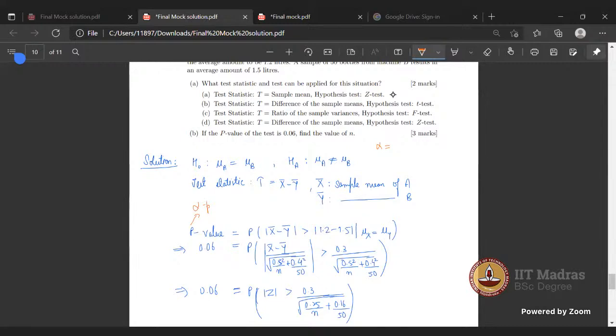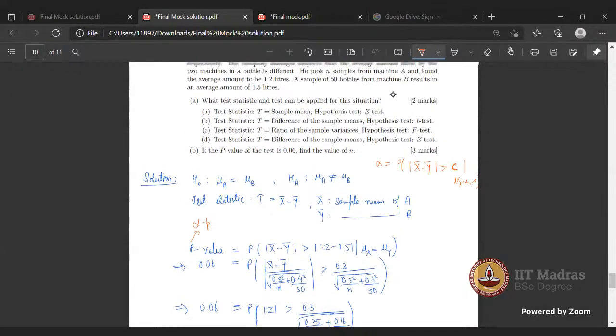So what does your alpha say? You reject H0 given that H0 is true. So in this case, reject H0 if the modulus of X bar minus Y bar is greater than C, given mu1 minus mu2 equals 0. But you have to find the p-value here.